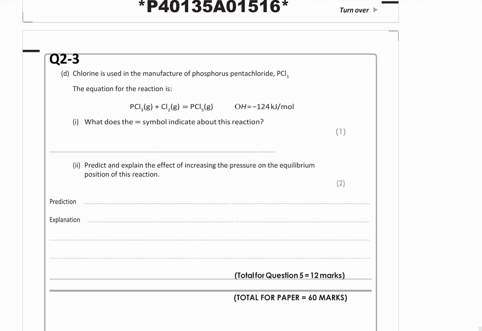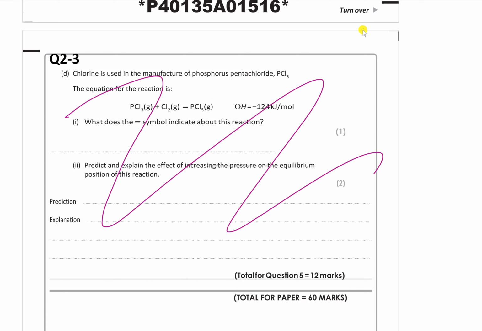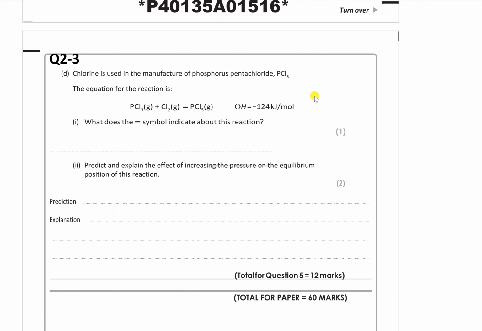Right, the chlorine manufacture of phosphorus pentachloride. The equation for the reaction is an equilibrium. Right, okay, listen, forget this. This has been covered in something else, but it's always good to know this anyway. Look, that's a typo.